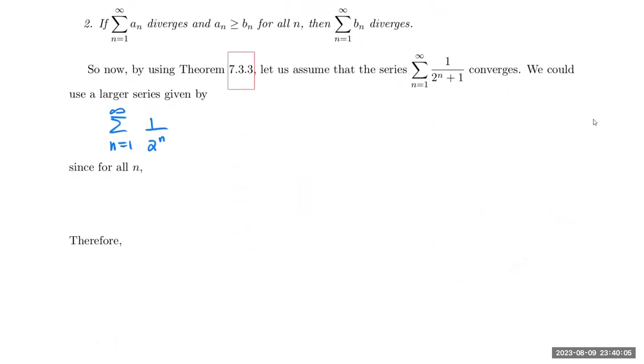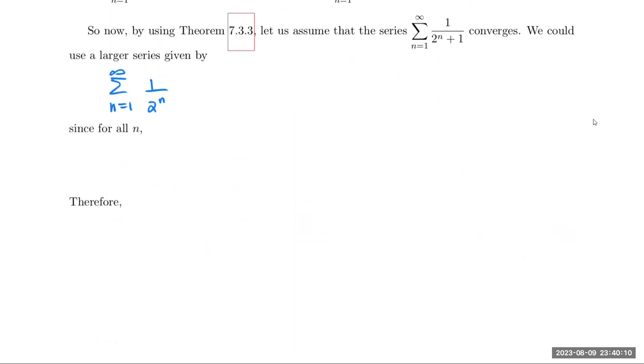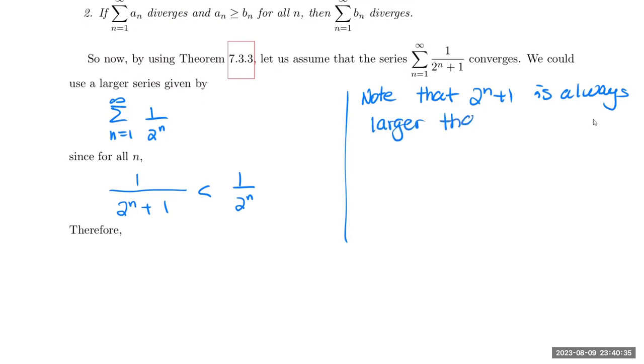Because for all n, if we have a look at the denominators, observe that 2 to the power n plus 1 is always going to be larger than 2 to the power n.